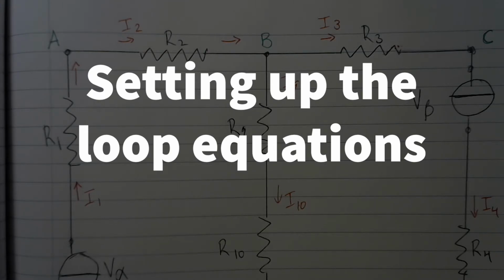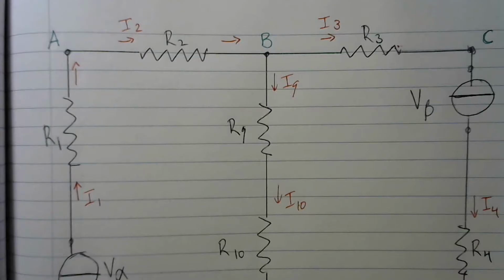So now that we have established the sign convention for our Kirchhoff loop rules, we want to go around our loops and write our loop equations for the sum of the voltage drops and gains around that loop. So I will go over the very first loop that you're asked to verify.